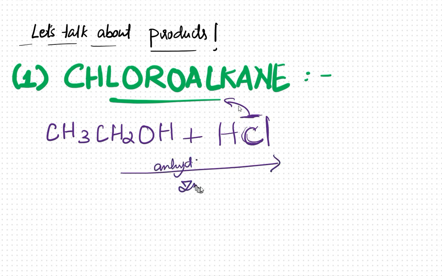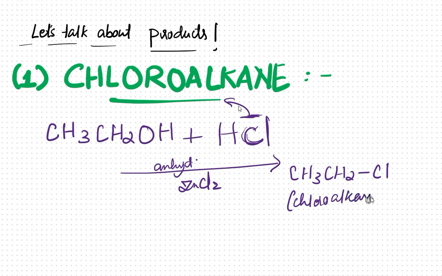Here you want chloroalkane, so you take chlorine. This reaction occurs in the presence of anhydrous zinc chloride to give chloroalkane. Anhydrous zinc chloride is basically a catalyst here, an important catalyst in this reaction.